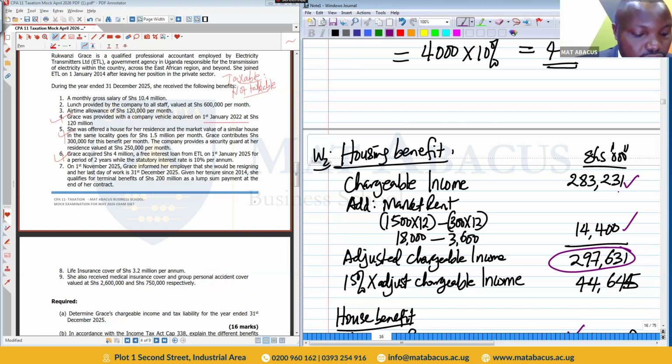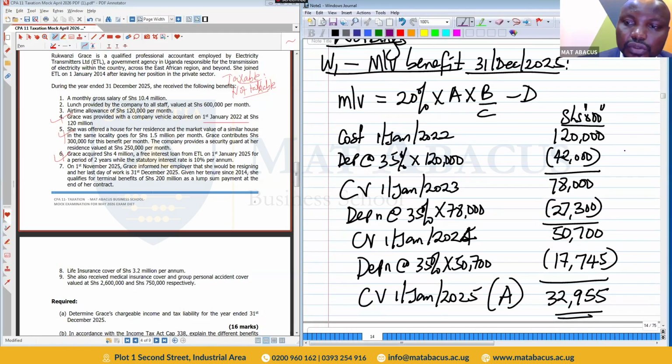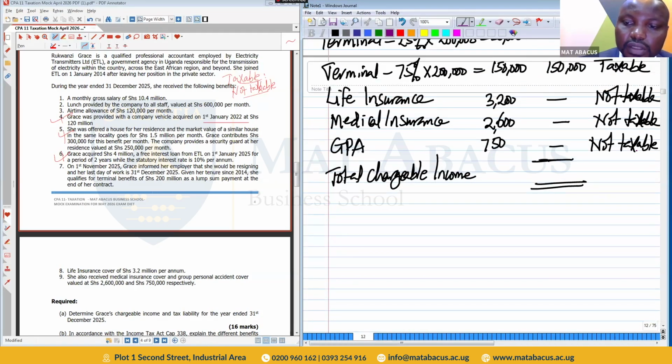When you add them, you get 297,631 as our total chargeable income. So this becomes our chargeable income.